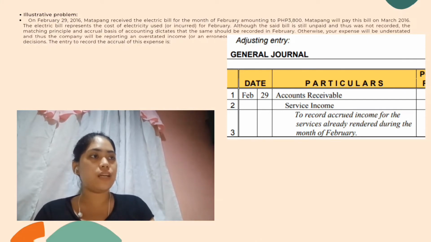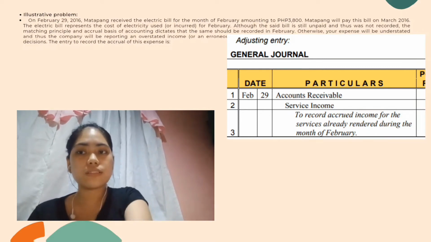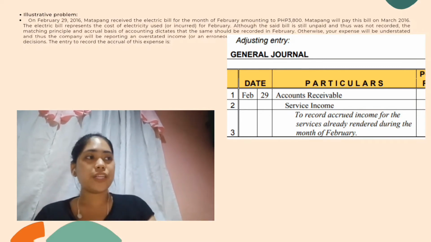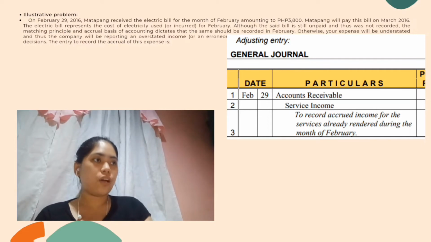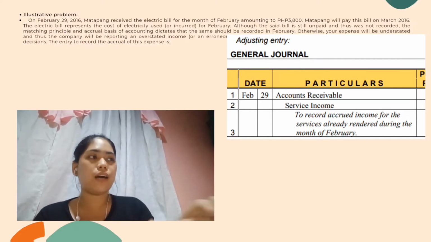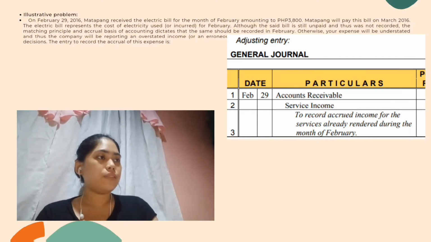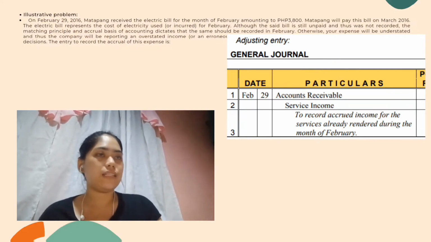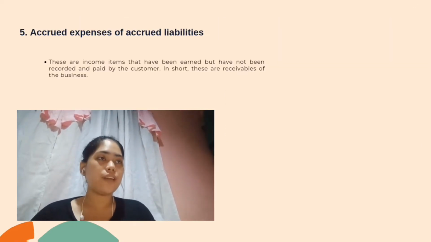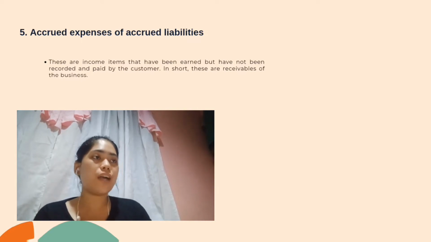Then the service income, just to record income for the services already rendered during the month of February, which amounted to 15,000 in the debit and credit.